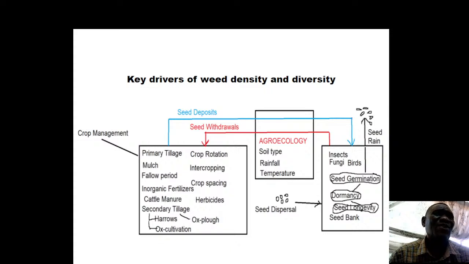Then we can also withdraw a lot of seeds because of these activities. But meanwhile, all of these processes are regulated by the agroecology, soil type, rainfall, and temperature. So these are the key drivers of weed density and diversity.